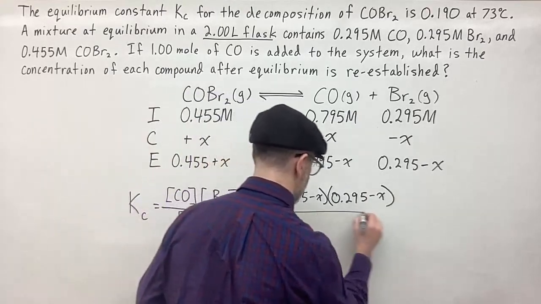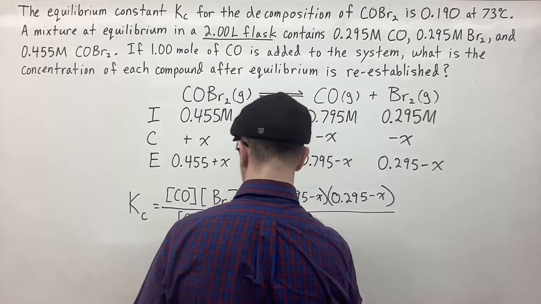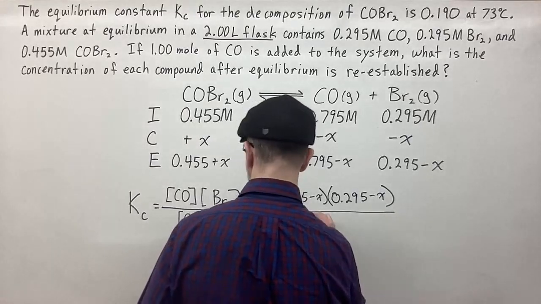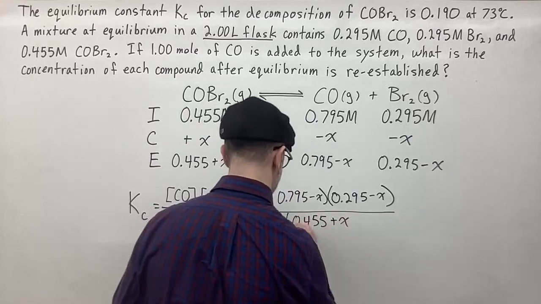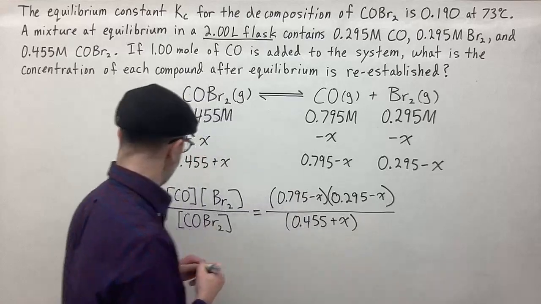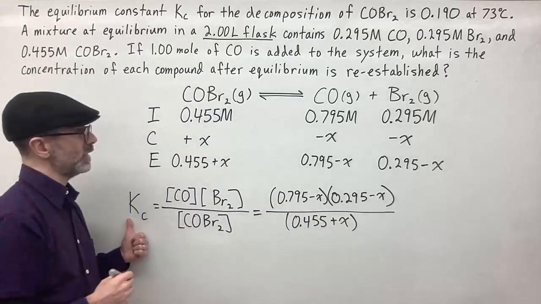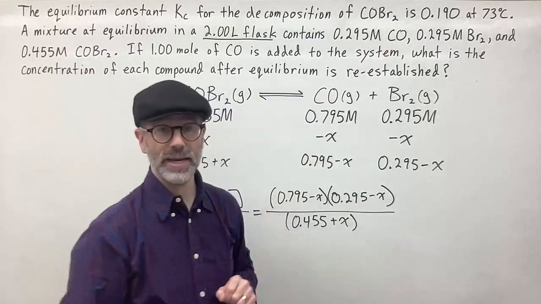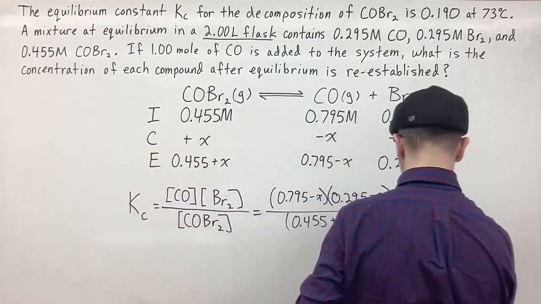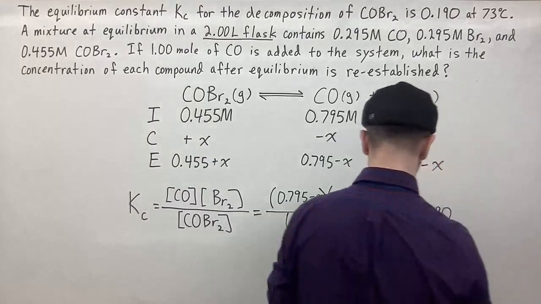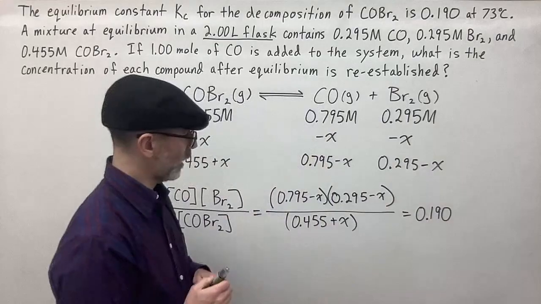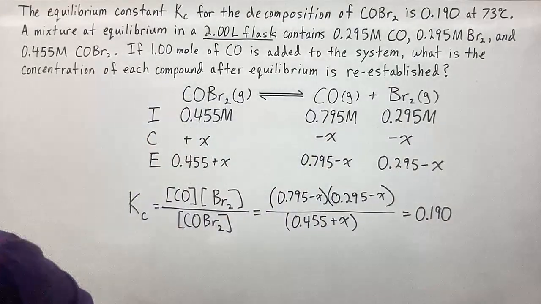So we're going to divide by 0.455 plus x. And remember, all this is equal to Kc, which is 0.190. So we'll put that here, 0.190. Okay, so let me just double check here.